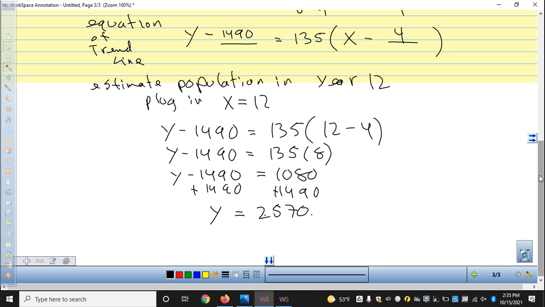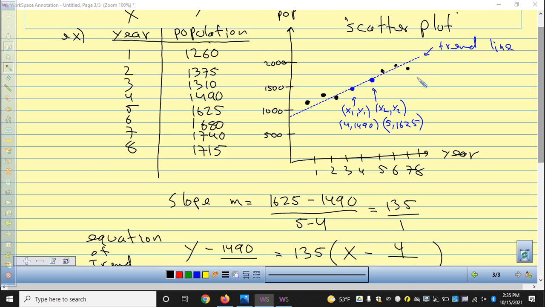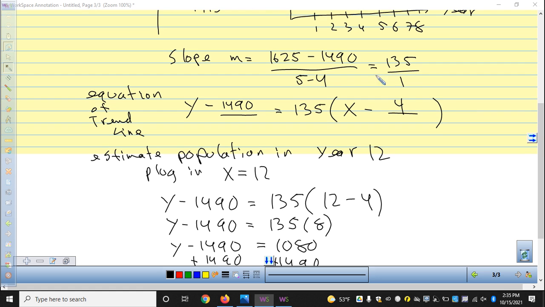So we made our scatter plot, drew our trend line, used 2 points on our trend line to find the slope, used the slope and 1 point to write our point-slope equation, and then plugged in a value into our equation of our line to get our estimate.